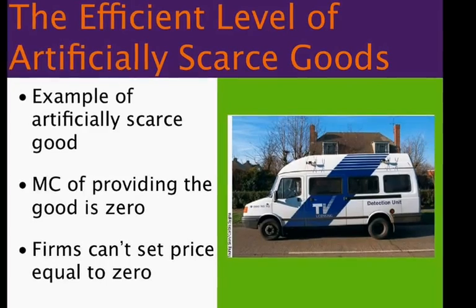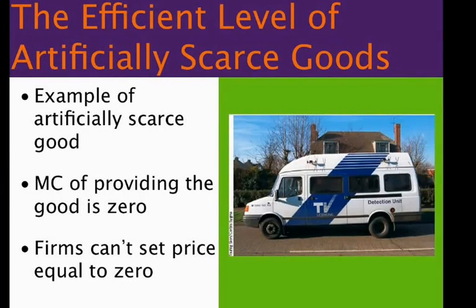What about this thing called the efficient level of artificially scarce goods? We talked a while back about pay-per-view movies, which are artificially scarce because they're excludable but non-rival. The cable company can exclude me from watching the movie if I don't pay the price.